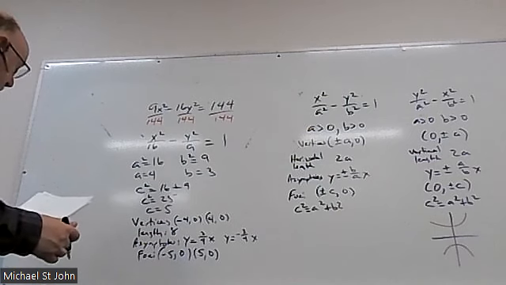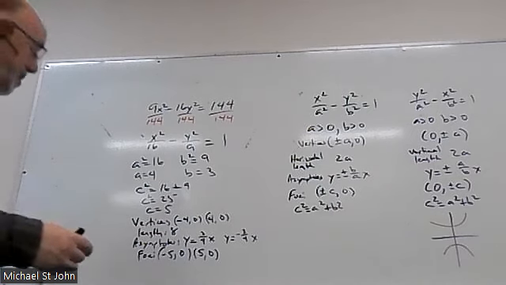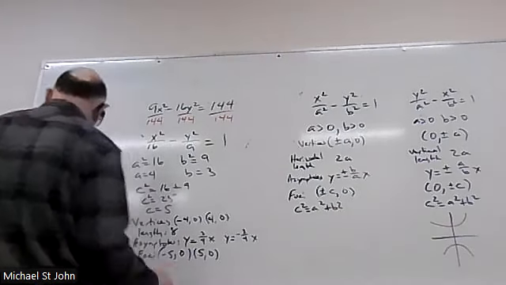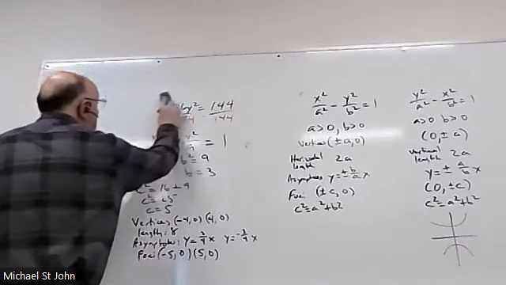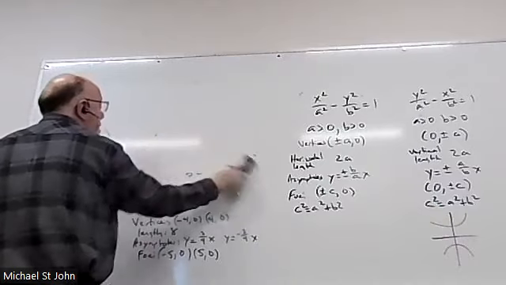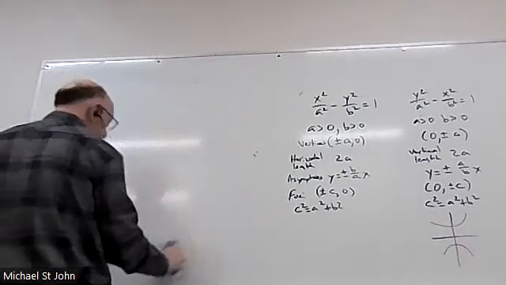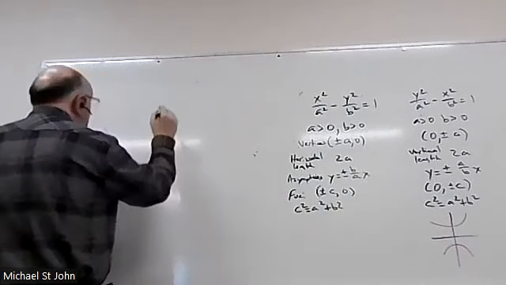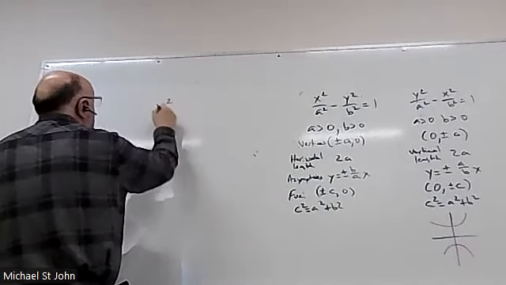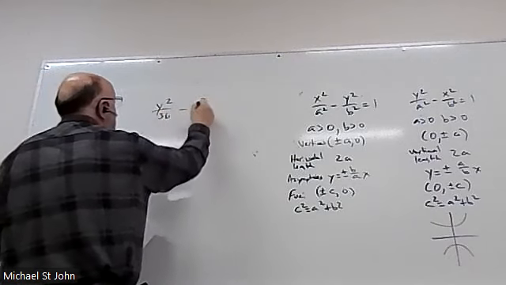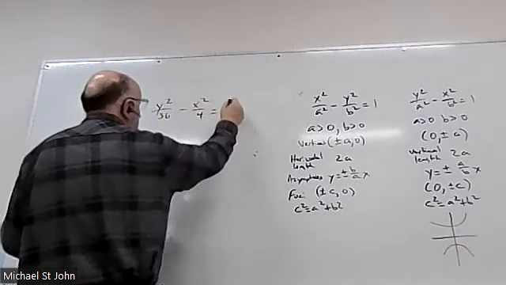And let's do another example. Let me get rid of this one. Right. So given y squared over 36 minus x squared over 4 equals 1.